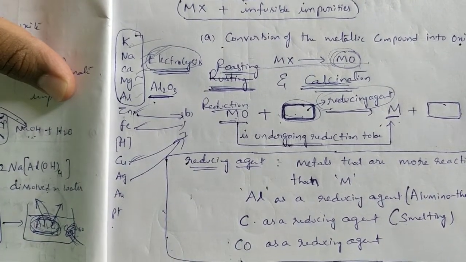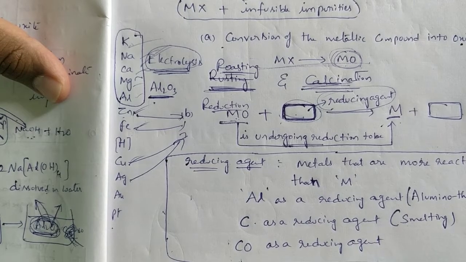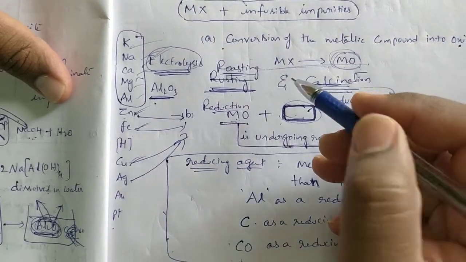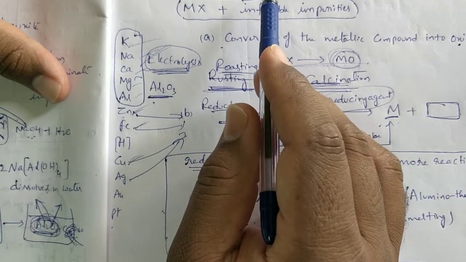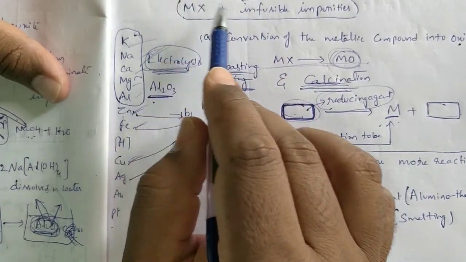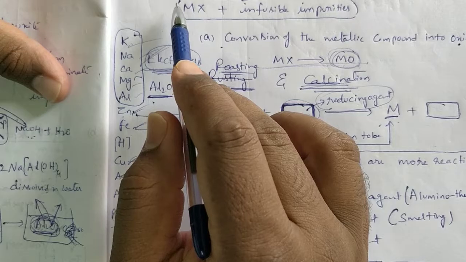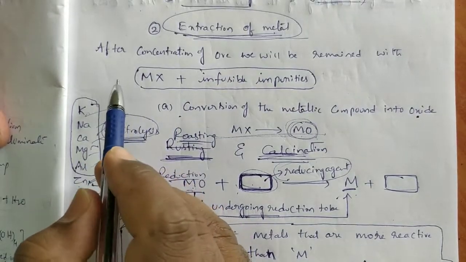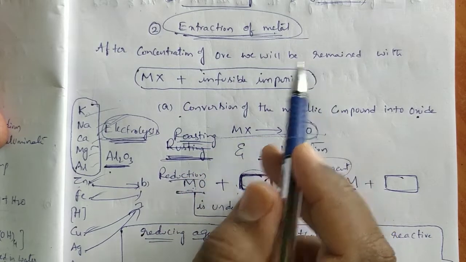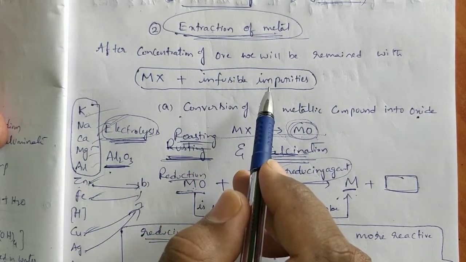In the previous class, we have seen the second step, that is extraction of metal. In that second step, again we have two steps. After concentration of ore, we will be left with MxO plus infusible impurities.